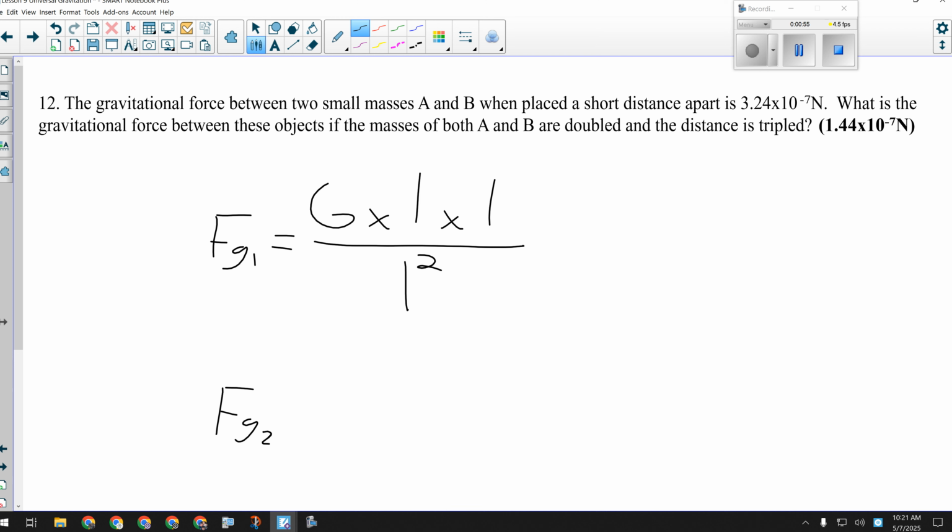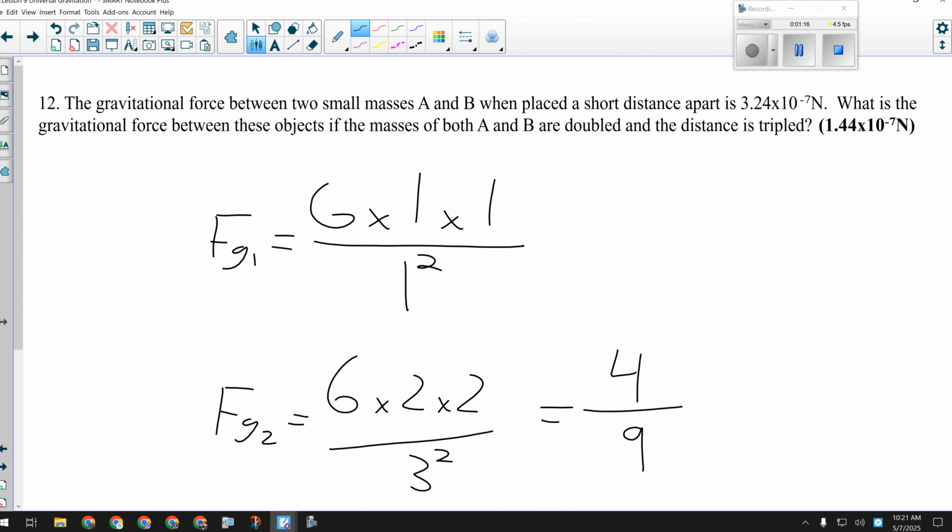In situation 2, this number is the same. Now that number is a 2, that number is a 2, and this number is 3 squared. So in the second situation, I have 4 times more mass, but I have 9 times on the bottom because it's 3 squared.